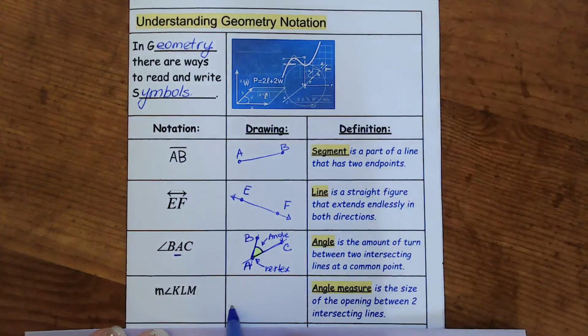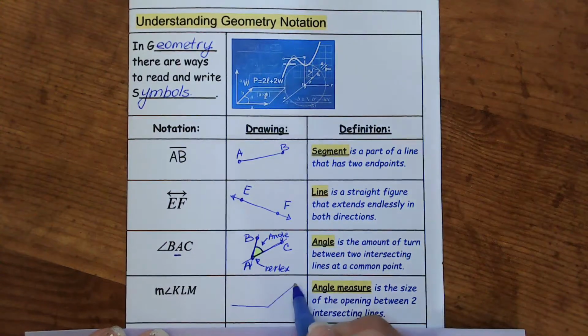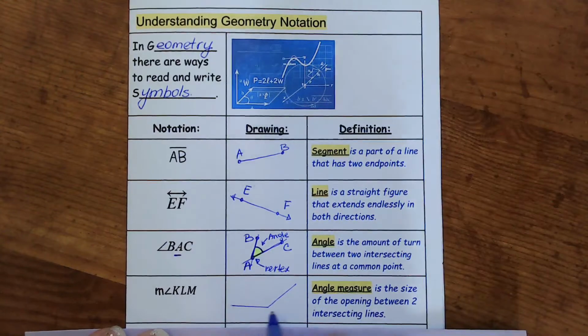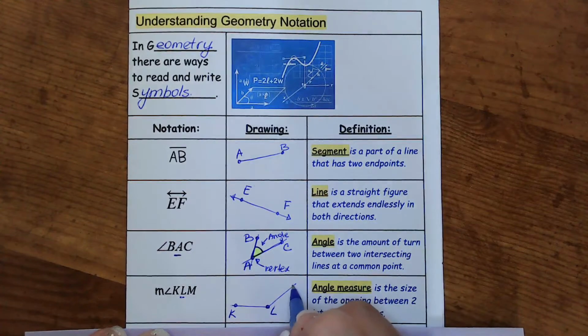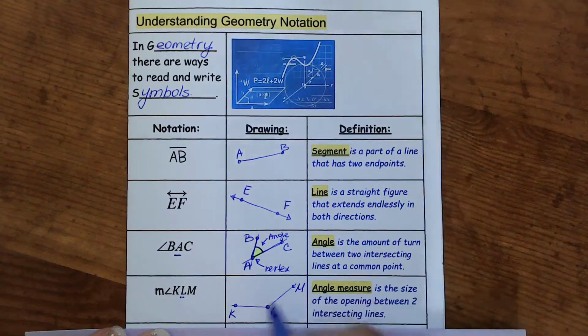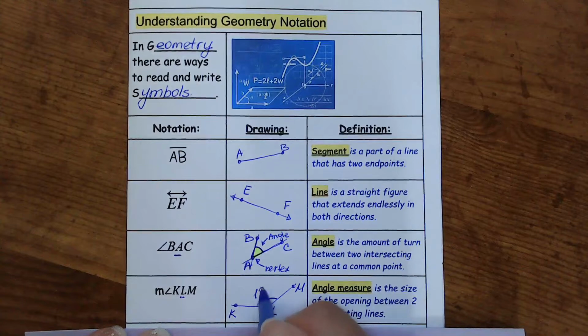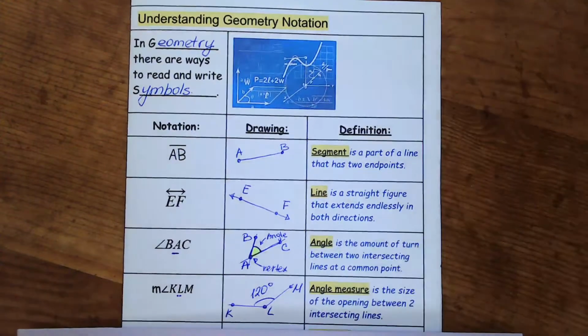So let's say I draw two lines or segments, and I have this common point, which is the middle letter L. On one of the segments, I put K, and then on the other I put M. So this particular measure, let's say since it's obtuse, give it a number, 120 degrees.